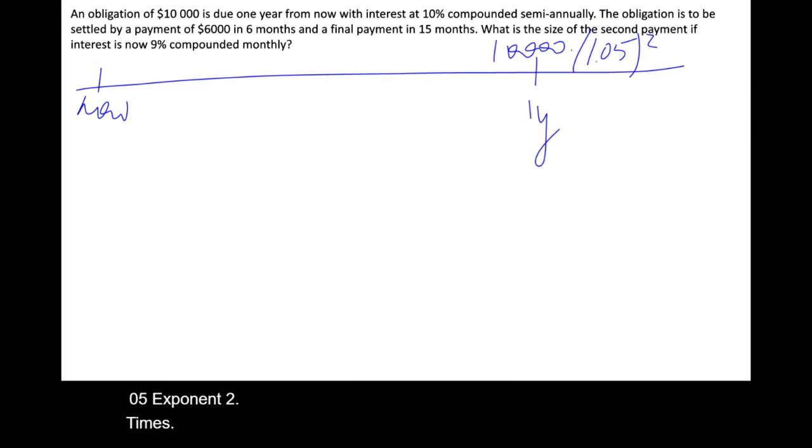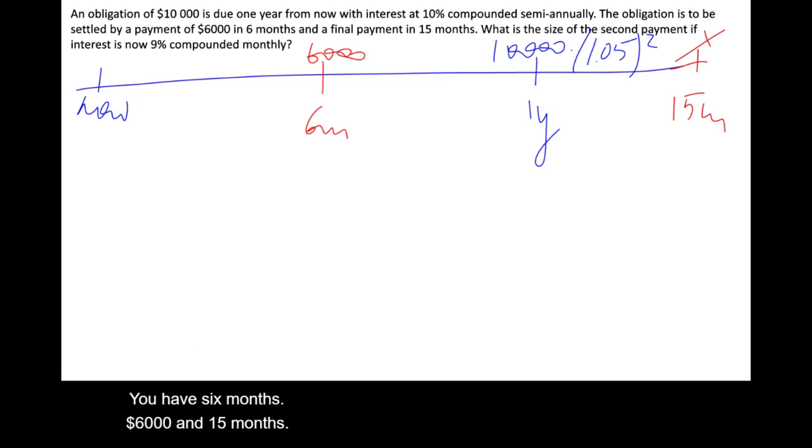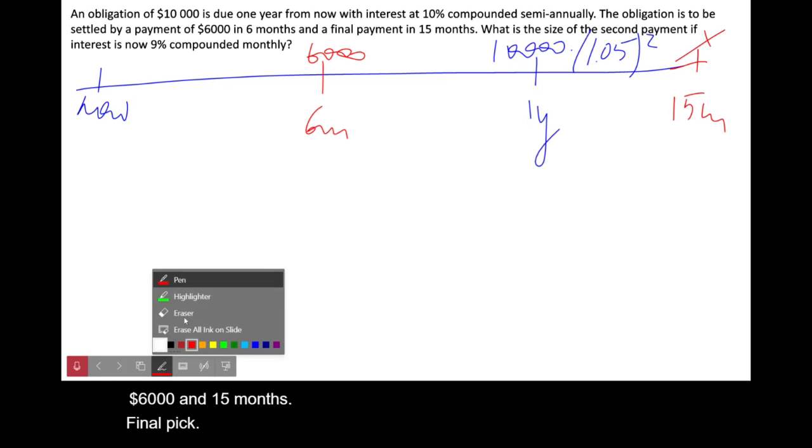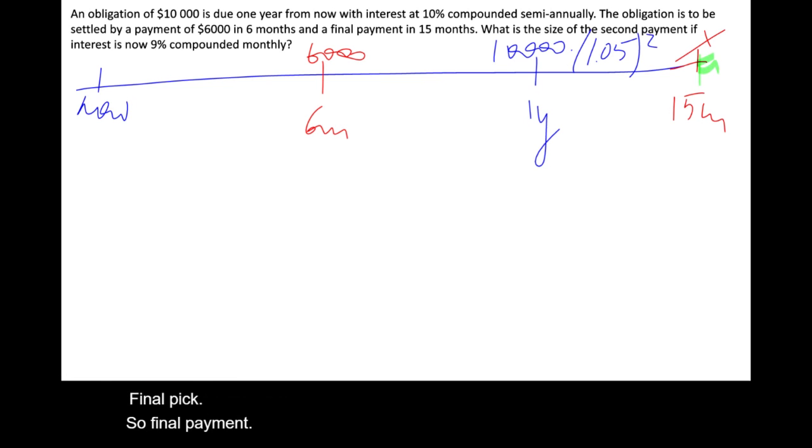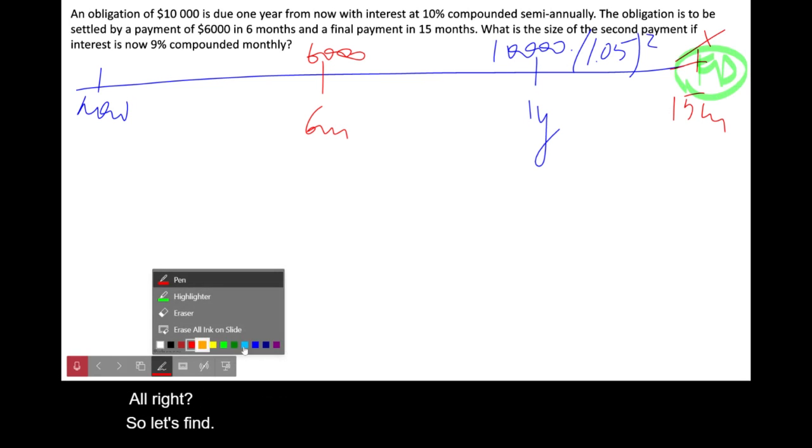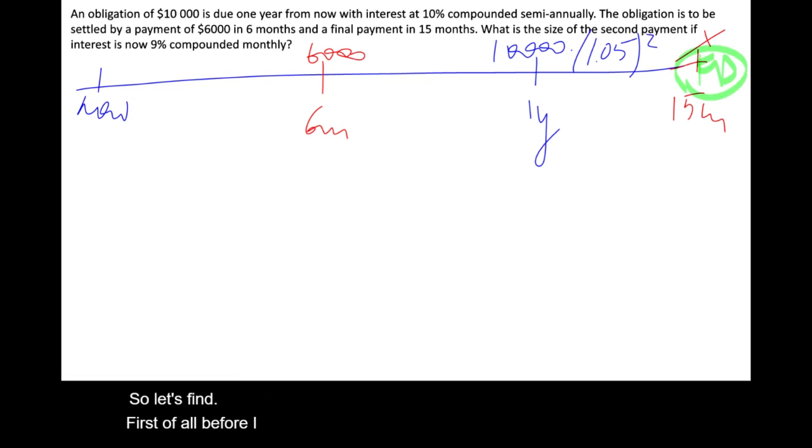Instead of that, we have 6 months, $6,000, and 15 months final payment. So final payment is the focal date. All right. First of all, before I continue, did you have the same idea, same picture, guys?